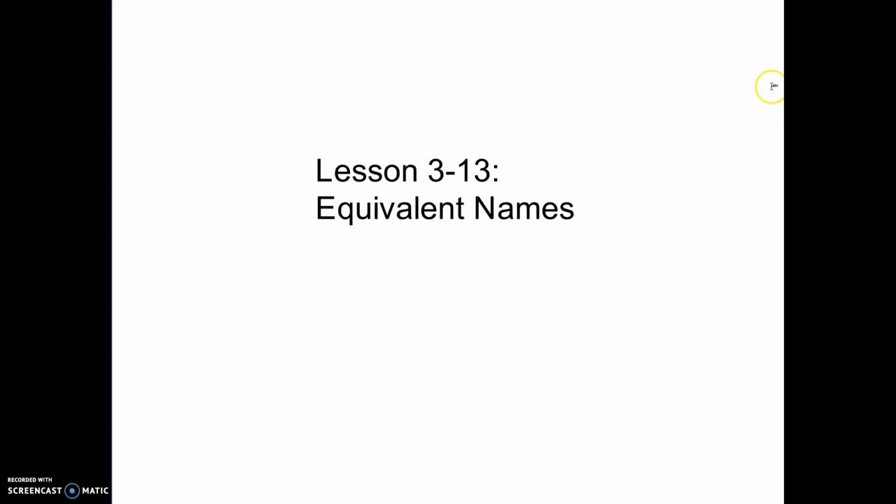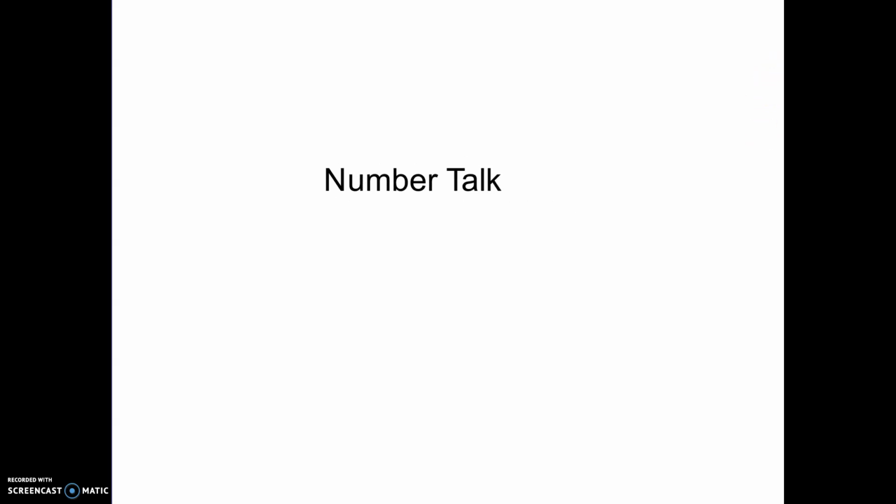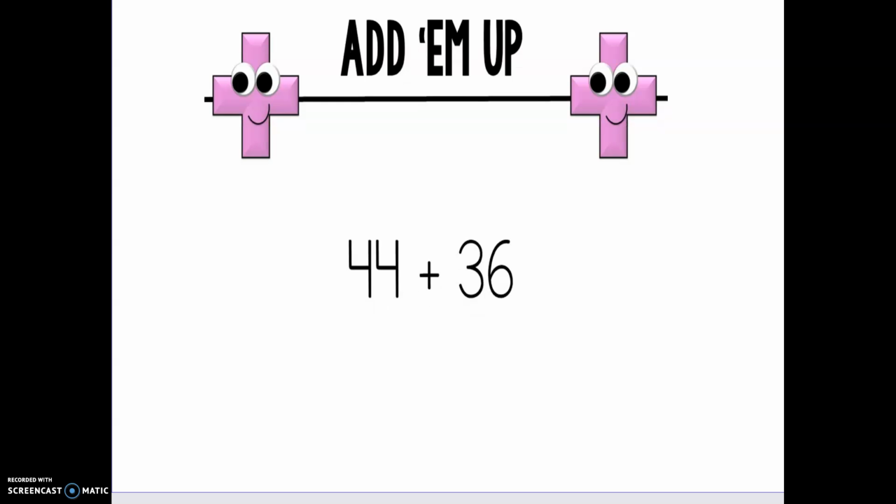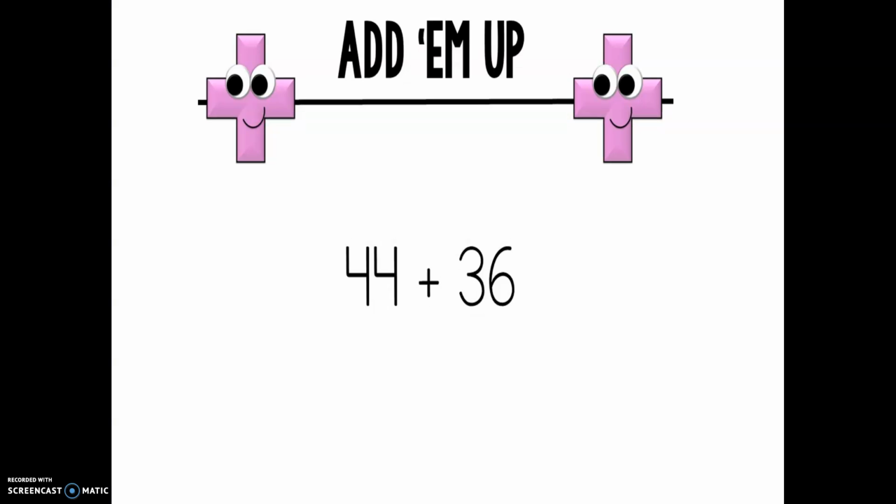But first, let's start with a number talk, and we're going to work on adding them up. While you're looking at this, I want you to think of some strategies that you can use to add 44 plus 36. Well, we have been talking about making tens.